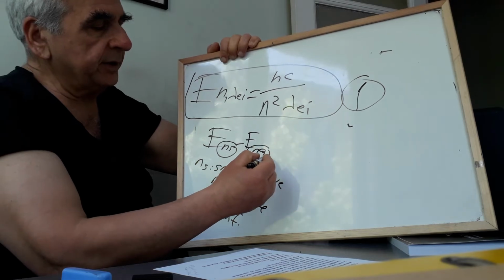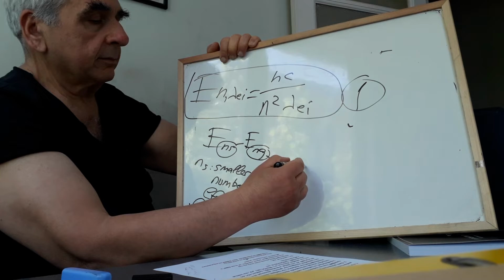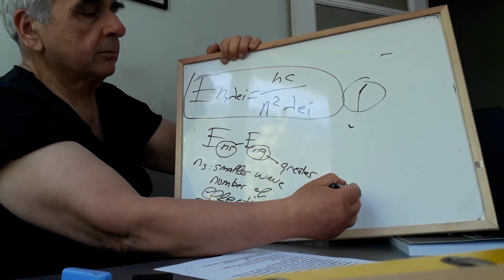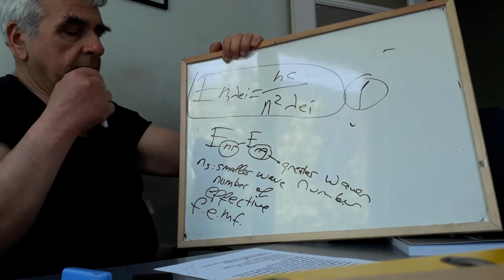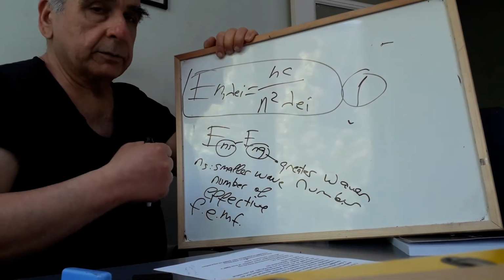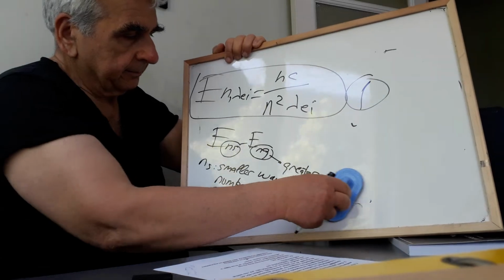Here NG greater wave number of effective free electron motion forms effective successive wave. Okay.